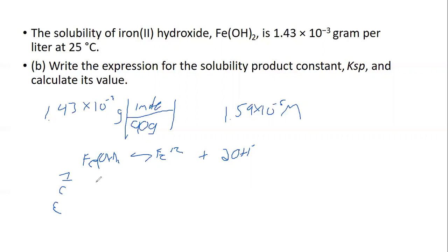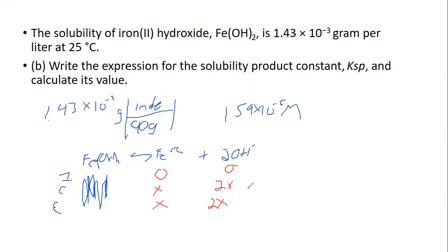First and foremost, the left-hand side is iron hydroxide. It's a solid. Nobody cares. See you later. We don't need to write anything down for it because it's not involved in the equilibrium. When we start, these both start at 0. This increases by x, and this increases by 2x. So at equilibrium, we have x and 2x.